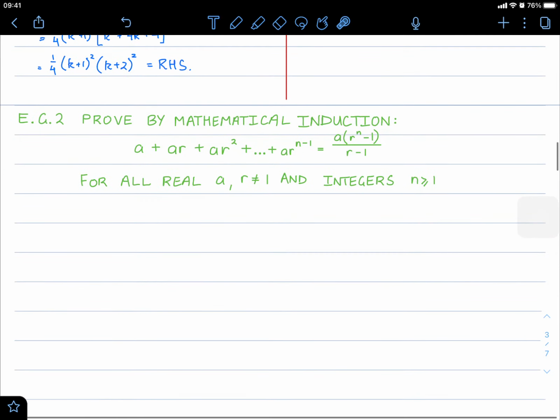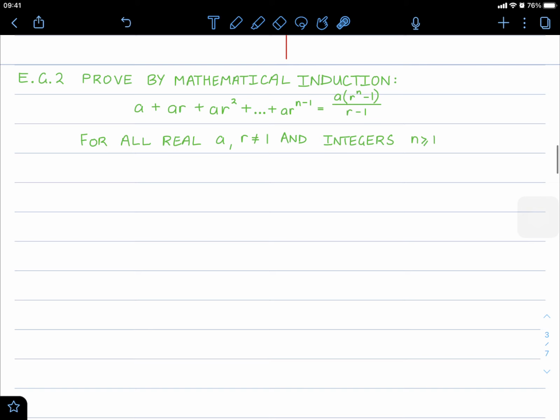But the main thing here is that we're only looking at n as the variable. So if we were to prove this in a slightly easier example, let's say we had 2 times 2 to the power of 0, that's the first term, plus 2 times 2 plus 2 times 2 squared, on and on and on.